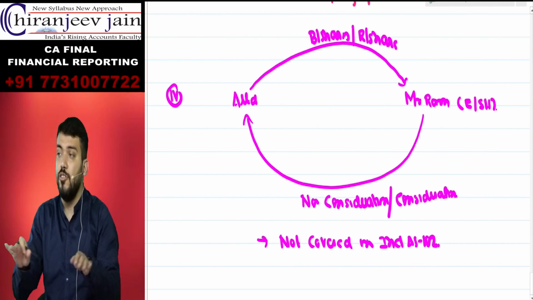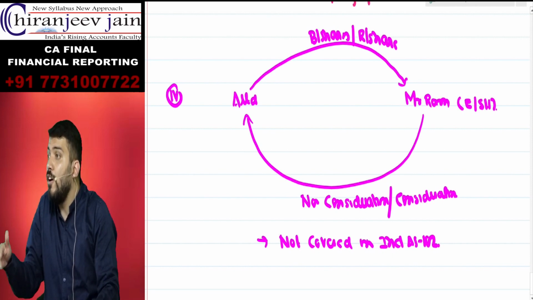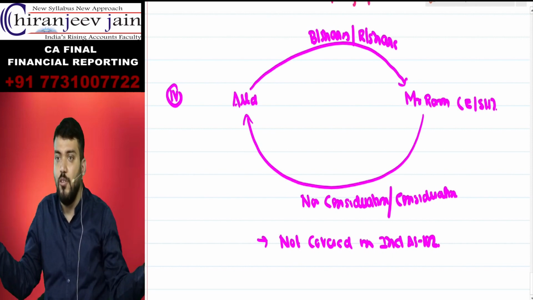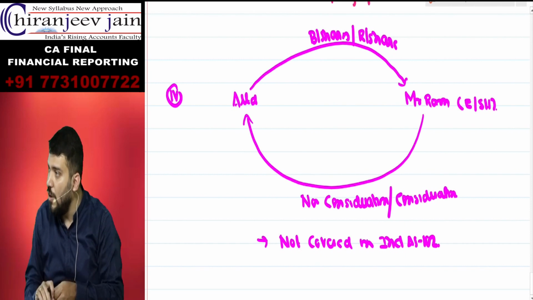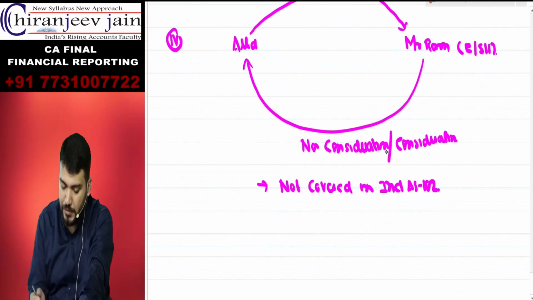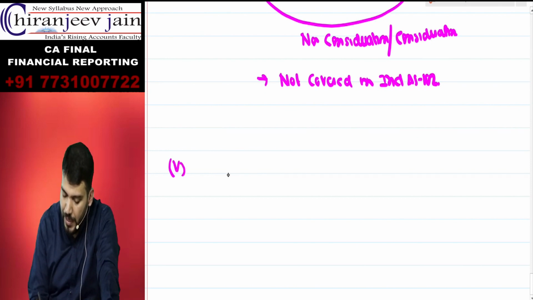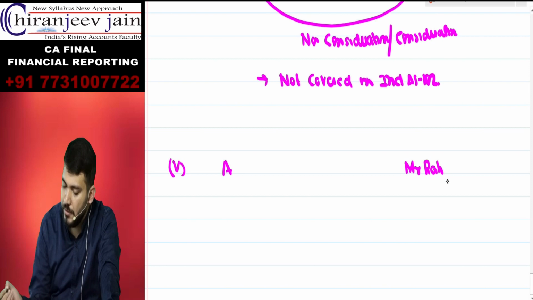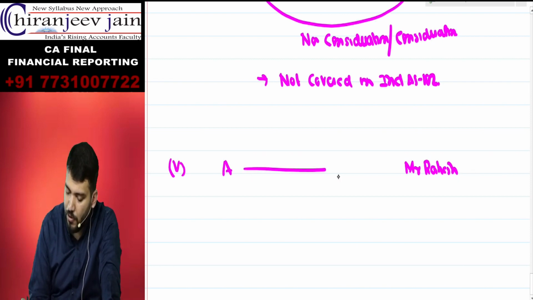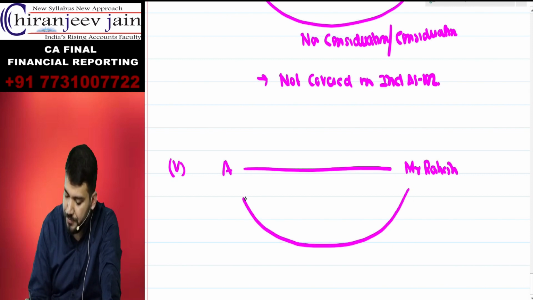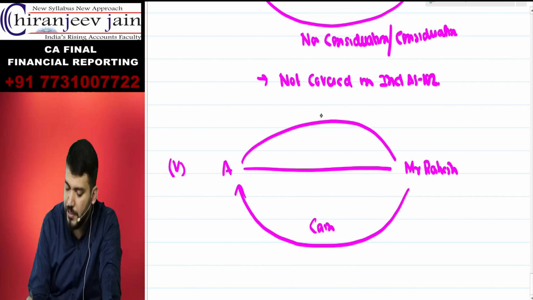So transactions should be either in the capacity of employee or non-employee. Non-employee can also be shareholders. Understood? Means, if I say another example, everyone try to understand. A Limited and Mr. Rakesh, he is an investor, and a contract is that cash will be paid and equity shares will be issued.